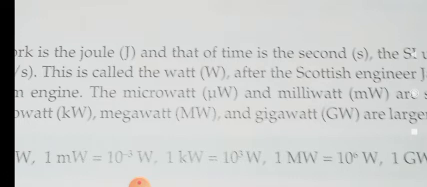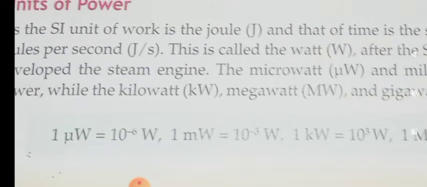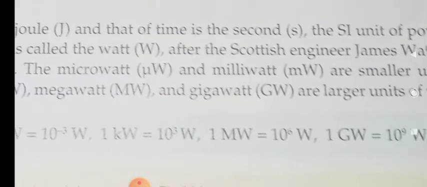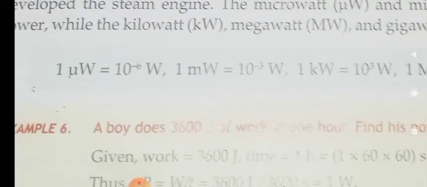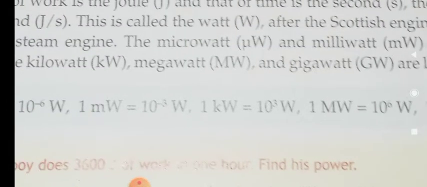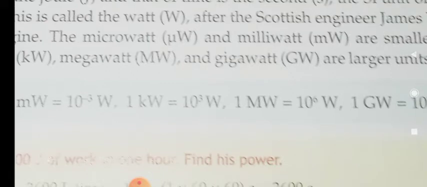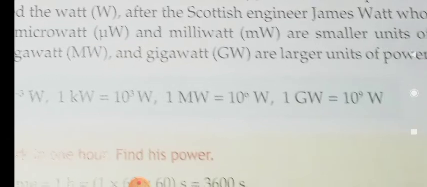The kilowatt, megawatt and gigawatt are the larger units. 1 microwatt equals 10 power minus 6 watt. 1 milliwatt equals 10 power minus 3 watt. 1 kilowatt equals 10 power 3 watt. 1 megawatt equals 10 power 6 watt. 1 gigawatt equals 10 power 9 watt.